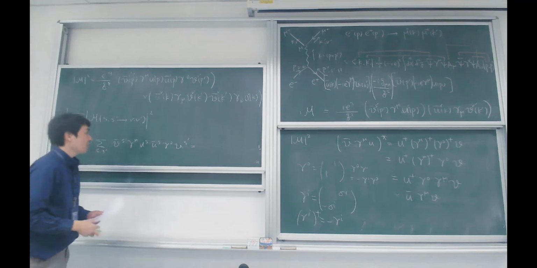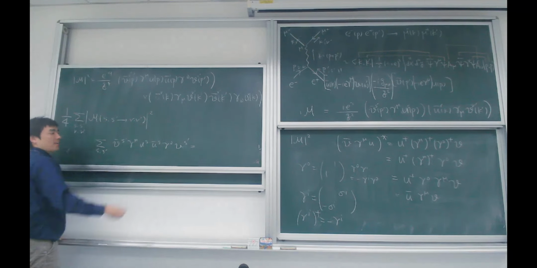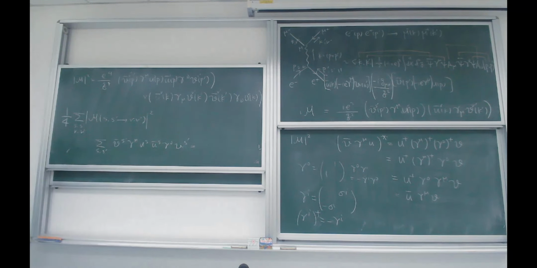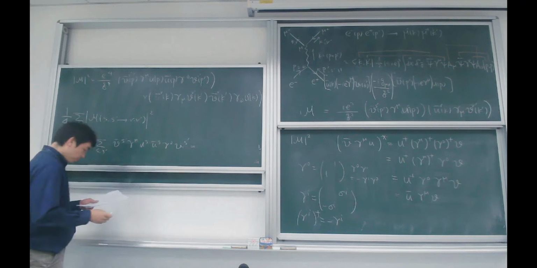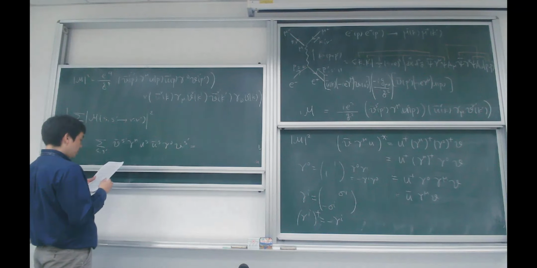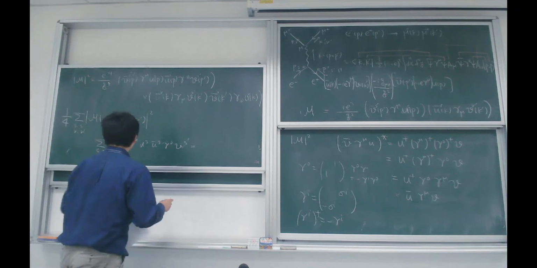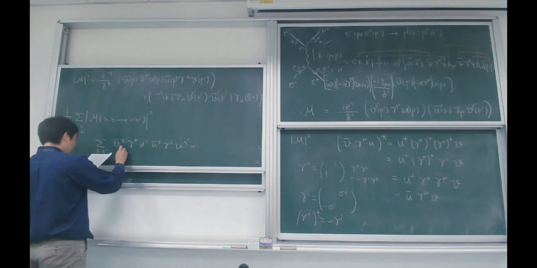This means that you just sum over possible spin, and we already know that this will give you, so let me write the indices.